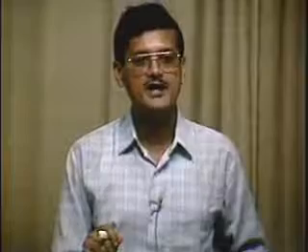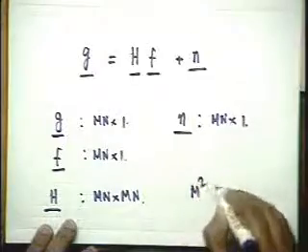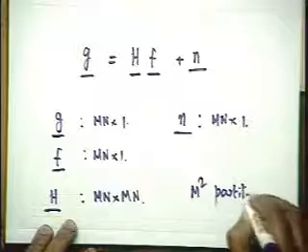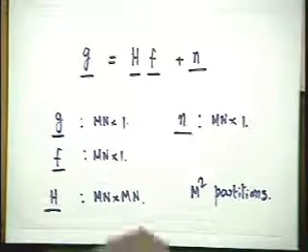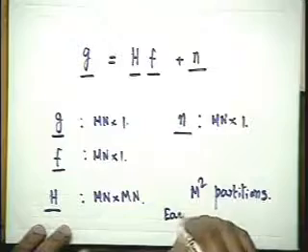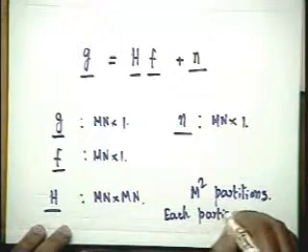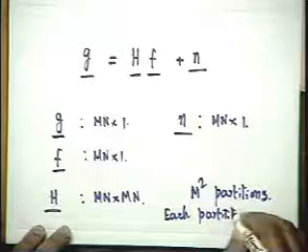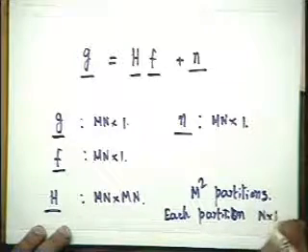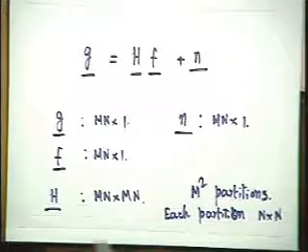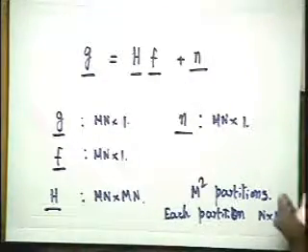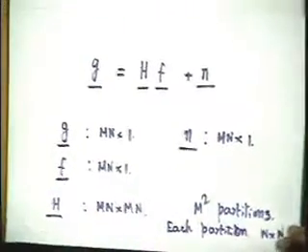Obviously capital H is of dimension mn by mn, and this we can regard as m square number of partitions, and each partition of size n by n. So we can write now this capital H in terms of block matrices, and the block matrix composition will be like this.